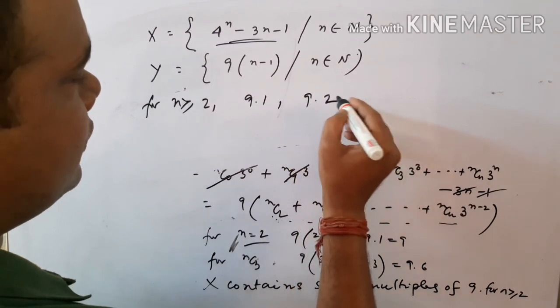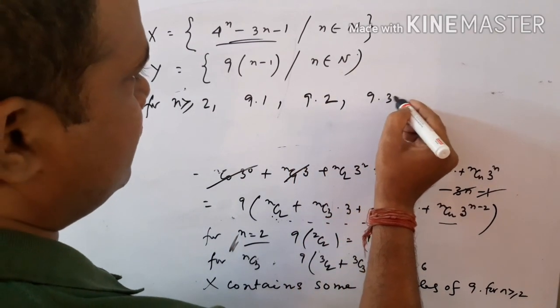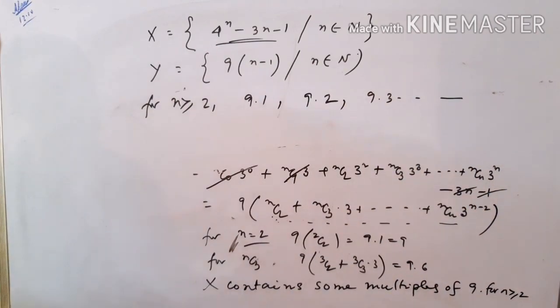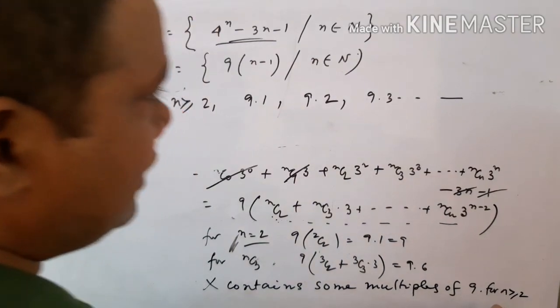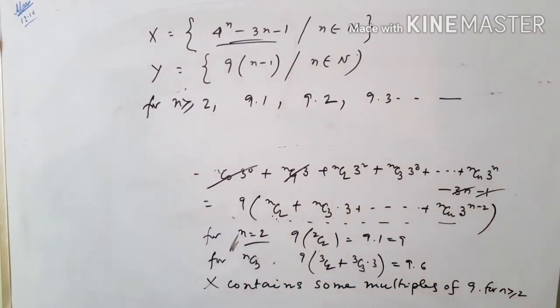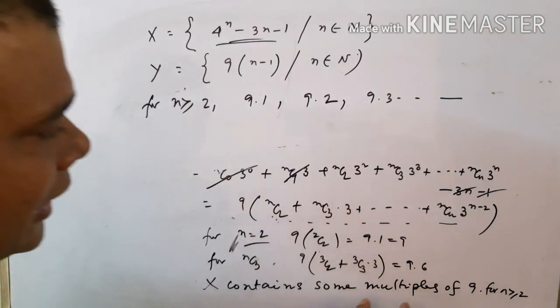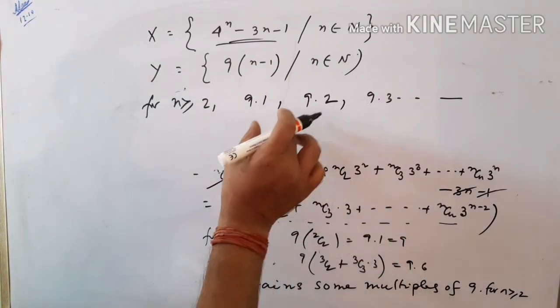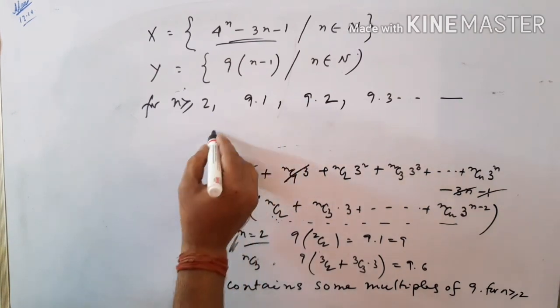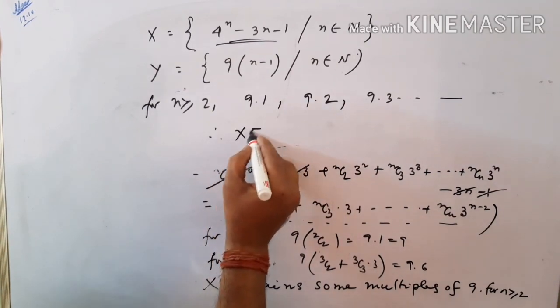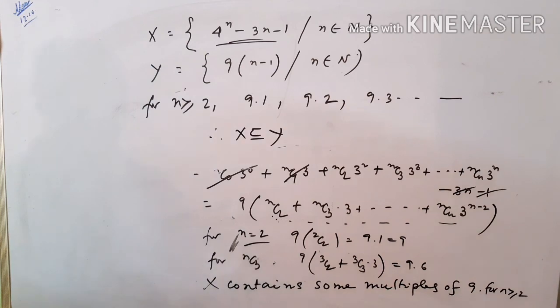For n equals 4, you will get 9 into 3 and so on. So Y contains every multiple of 9. Clear? X contains some multiples of 9 and Y contains every multiple of 9. Therefore, all the elements of X are elements of Y. So we can say that X is a subset of Y. Thank you.